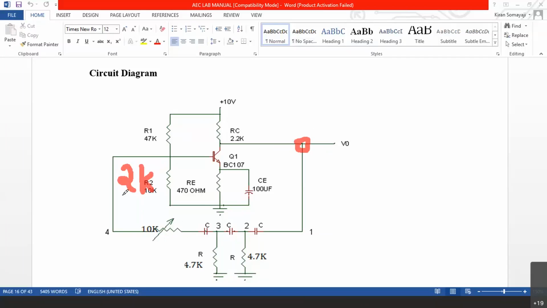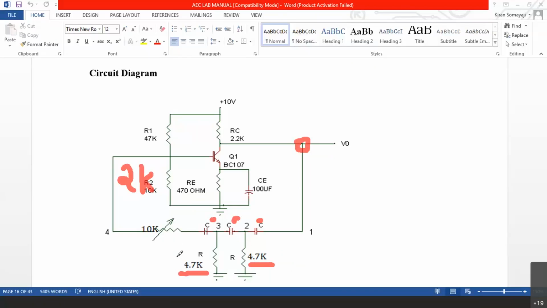So 10K is connected to 2K, it will be totally 12K, whereas here it is 4.7K, 4.7K. So the phase shift problem is there, the formula problem is there. All the C are having equal value, and when all the C are having equal value, all the R also are supposed to be equal value.